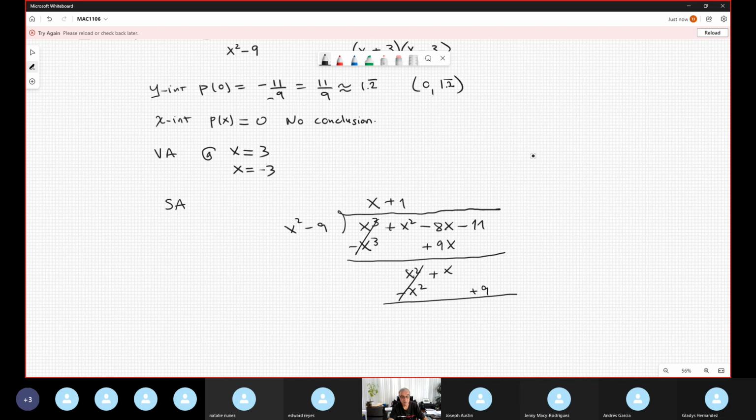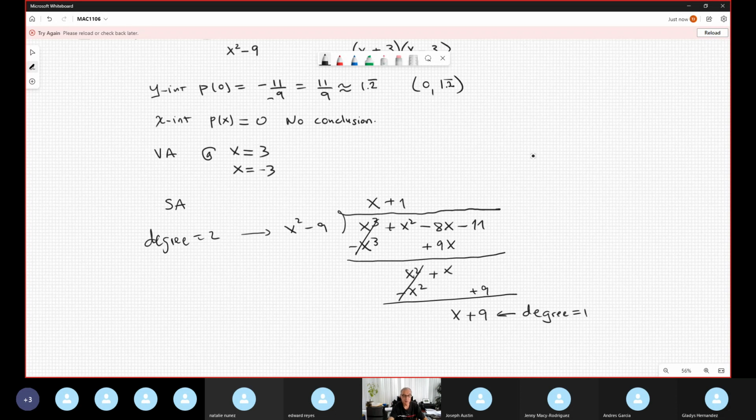This is x plus 9, and this is the remainder, because the degree of the remainder is 1 and the degree of the divisor is 2. Okay, and this is the condition to stop.